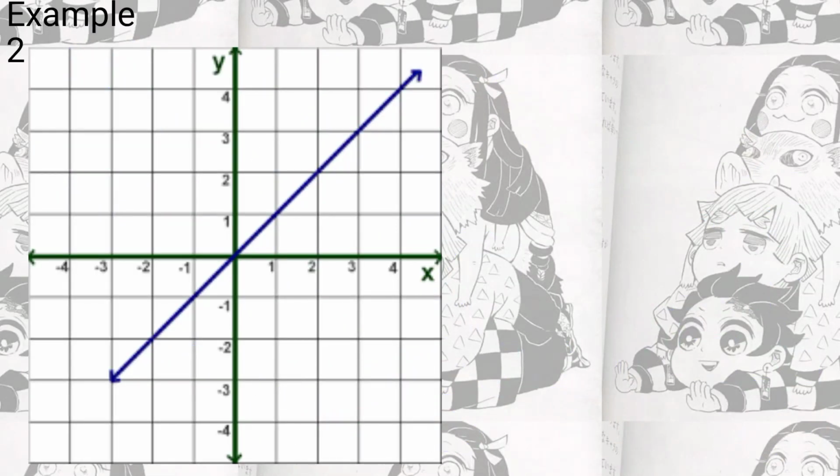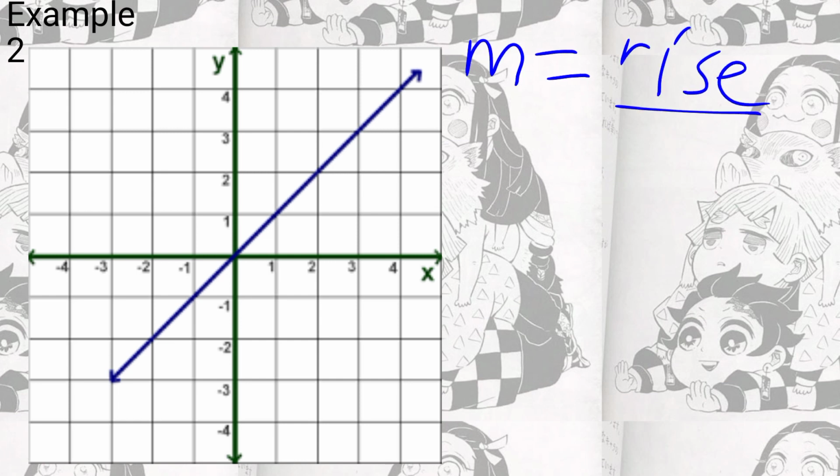Second example. We need again to find the slope using this graph. As you observe, the graph of this example rises to the right, so we are expecting that the slope is positive. Now we need to count the number of units of rise and the number of units of run.